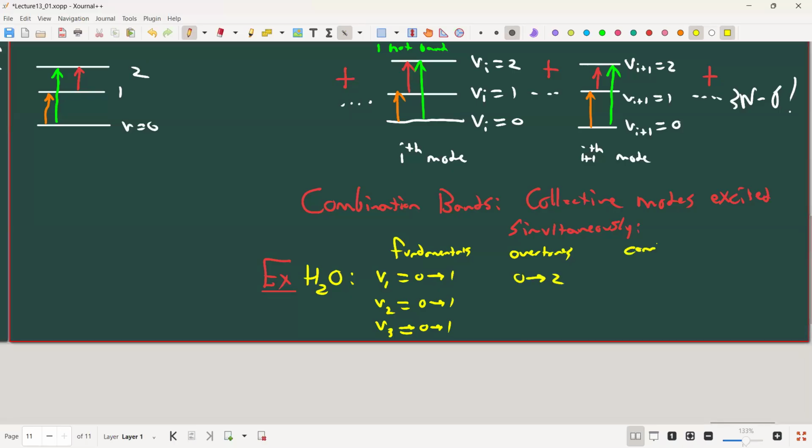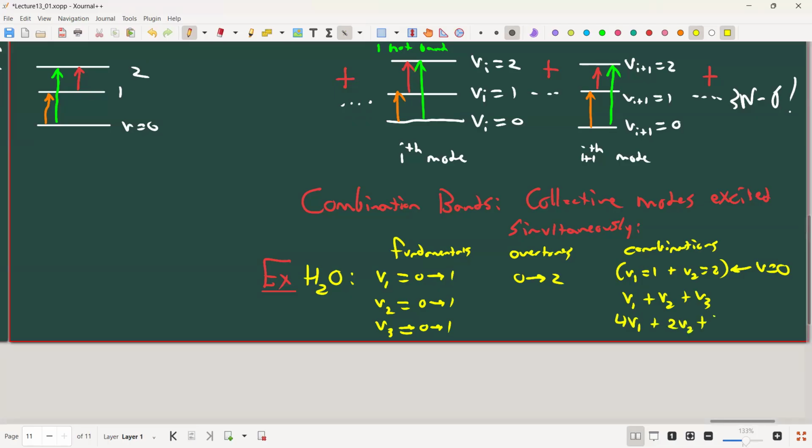But I also have the combinations. Right? I could take V1 equal to 1 plus V2 equal to 2, and I can excite that from V equals 0. Right? I could have V1 plus V2 plus V3. I could have 4V1 plus 2V2 plus 3V3. Right? I can combine them all together in any combination I want.